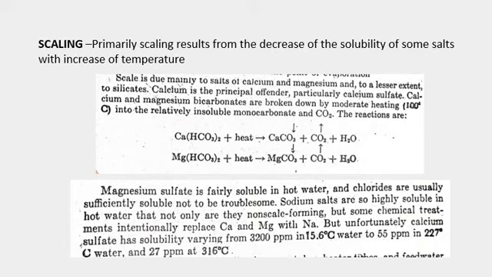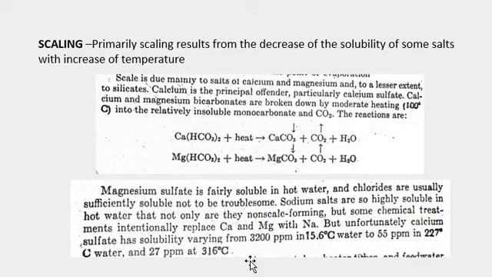Calcium and magnesium bicarbonates are broken down by moderate heating, around 100 degrees Celsius, into relatively insoluble monocarbonate and carbon dioxide. This is the reaction. Magnesium sulfate is fairly soluble in hot water, and chlorides are usually sufficiently soluble not to be troublesome.